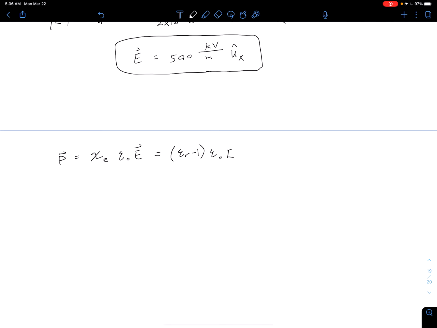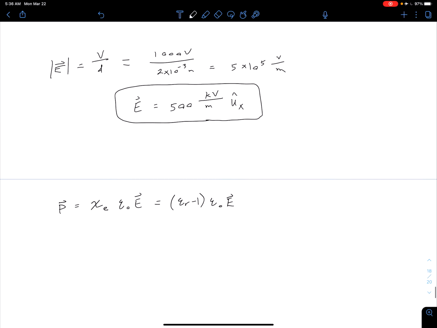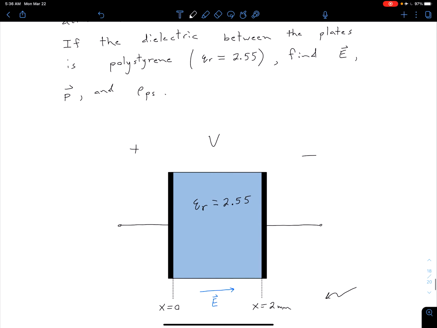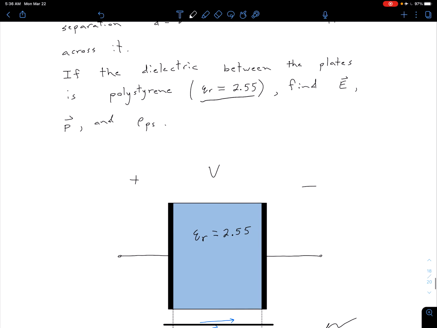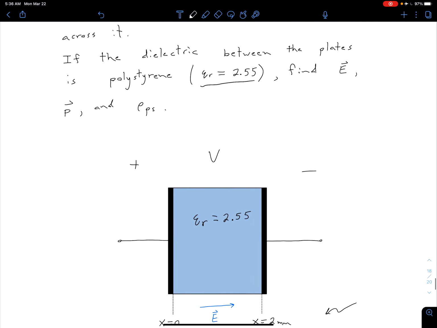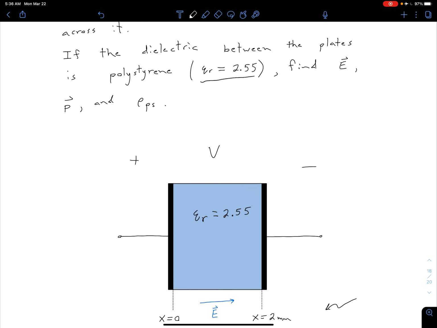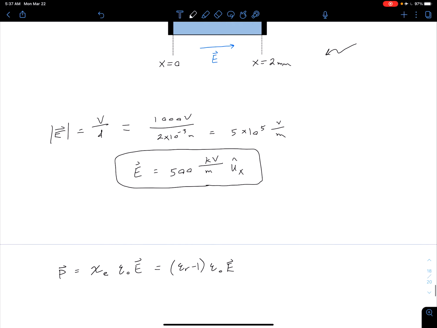So now we can plug in using our given relative permittivity, which is also our dielectric constant, epsilon r. For polystyrene, that's 2.55. And remember, there are values of dielectric constant for common materials in your textbook. These are also things that you can find online relatively easily.